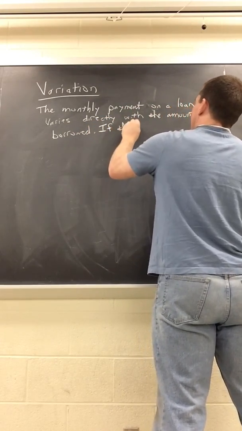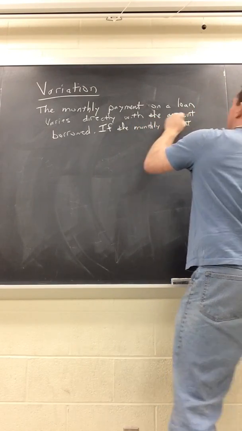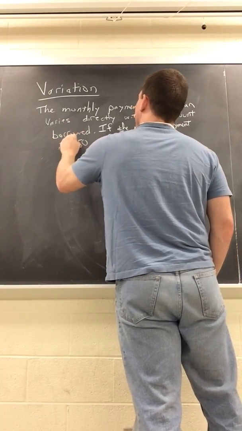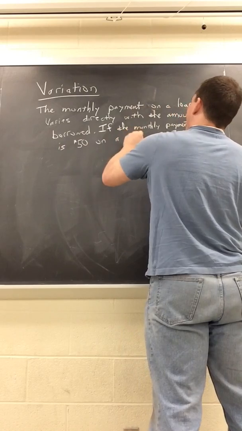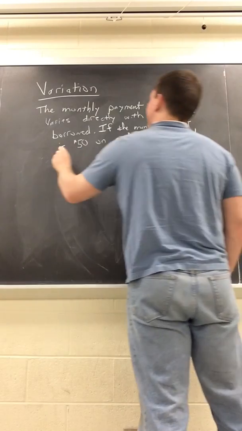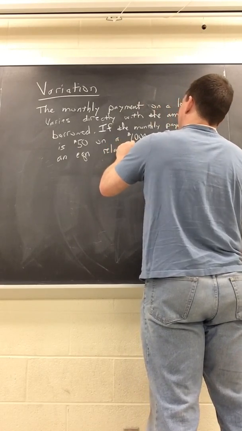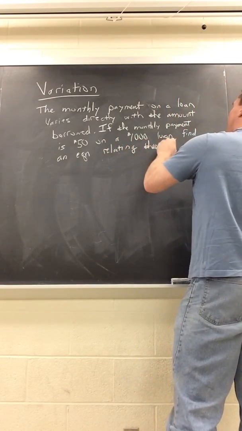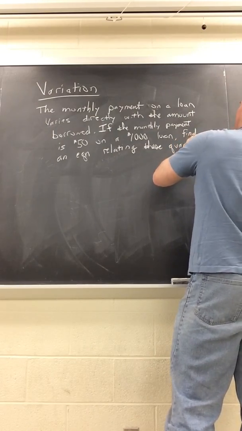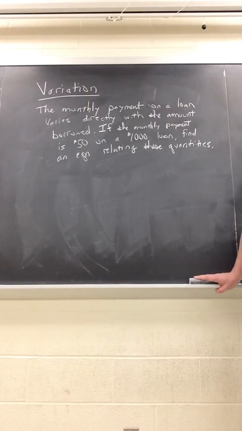If the monthly payment is $50 on a $1,000 loan, find an equation relating these quantities. Okay. The monthly payment on a loan varies directly with the amount borrowed. If the monthly payment is $50 on a $1,000 loan, find an equation relating these quantities.